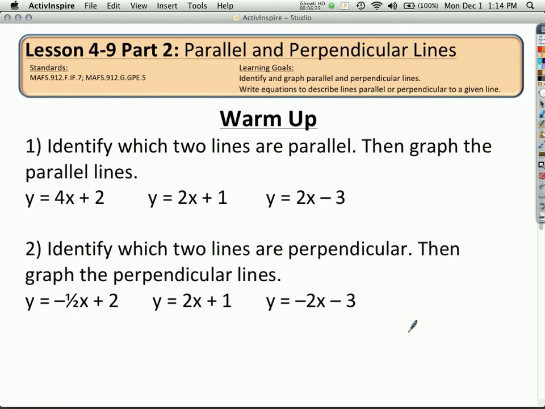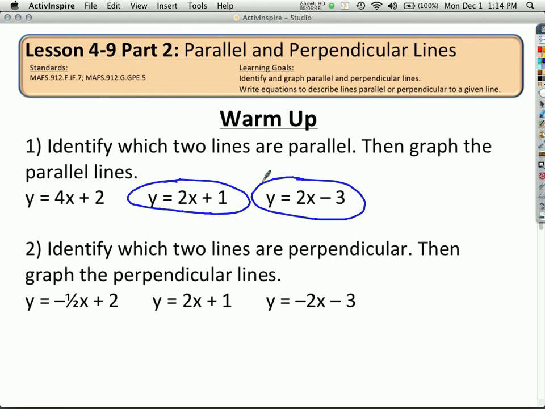Okay, and student number 20, what did you get? Y equals 2x plus 1 and y equals 2x minus 3. Okay, so these two are the lines that are parallel. The real magical answer is why. We'll get to that in a moment.